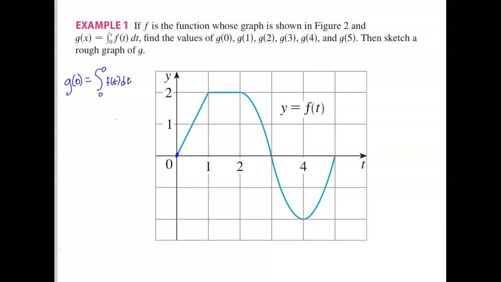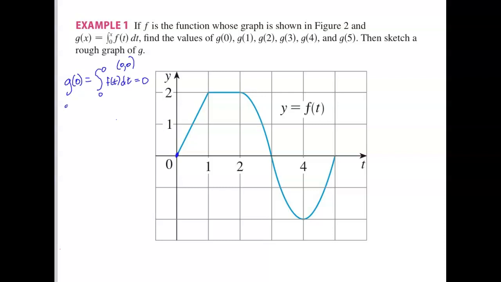So how much area is there under a single point? 0. And that's going to be true any time your upper and lower limits are the same. The integral will evaluate to 0. So if we think of this as a coordinate for g, we input 0, we got an output of 0. That corresponds to the point (0, 0), right?